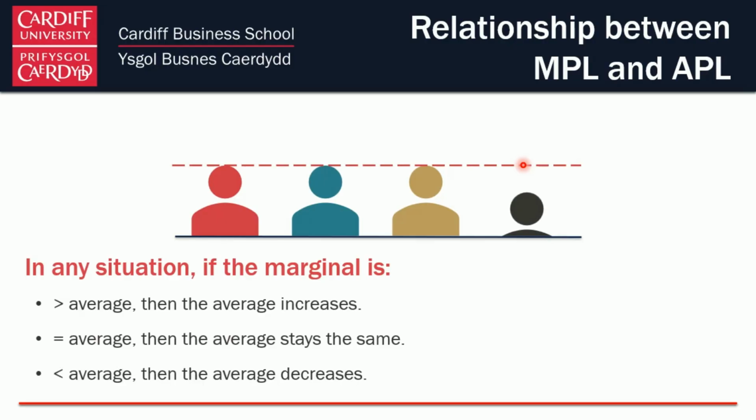If the marginal person is shorter than everybody else, if the marginal is below the average, then obviously it is going to bring down the average. And this principle is always true. If the marginal is above the average, the average goes up. If the marginal is below the average, the average decreases. And in a knife edge situation where the marginal is exactly equal to the average, the average stays the same.